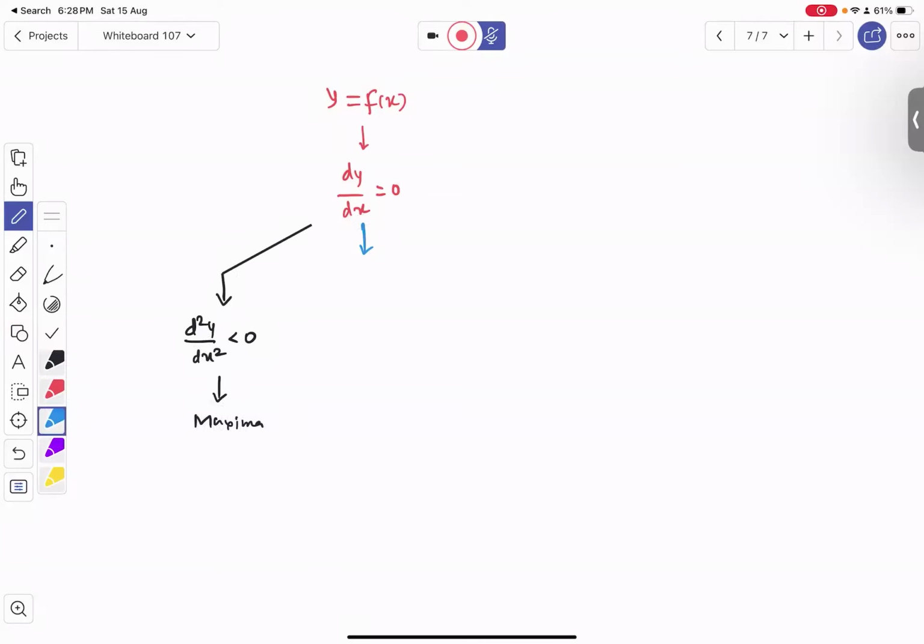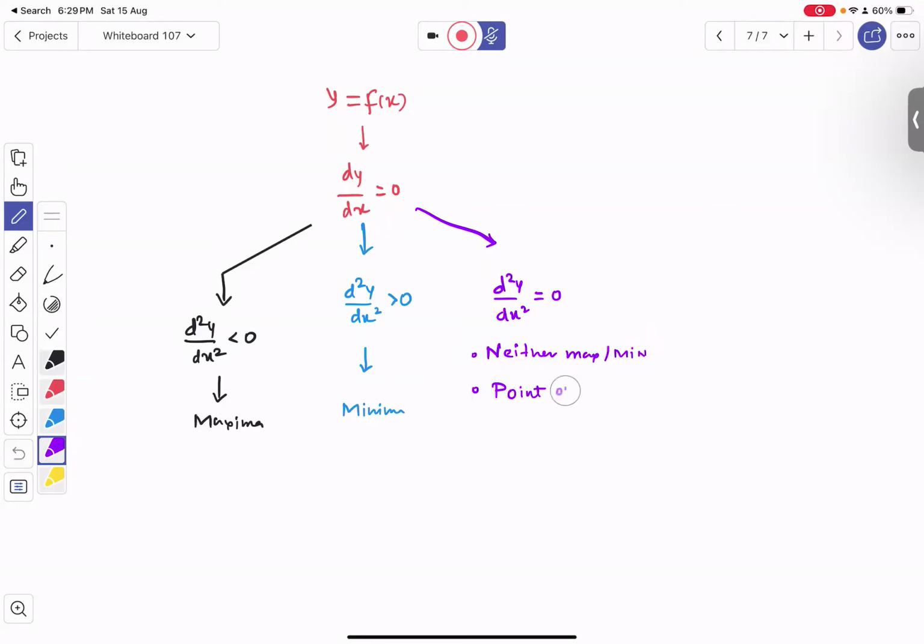If dy by dx is 0 at a point and double differentiation is positive, the shape of the curve is concave up, meaning minima. In case neither happens, maybe dy by dx is 0 but double differentiation is also 0, then we say it is neither a point of maxima or minima. Sometimes it is what is called a point of inflection.